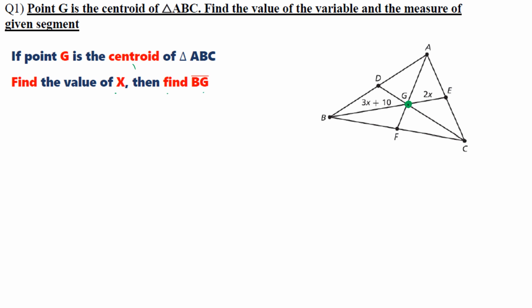First of all, see what is given. We have been given BG. Now B is the vertex, and BG is connecting from the vertex. Next, GE is also given. I want to find out the relation between BG and GE.